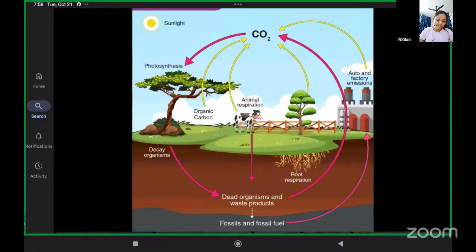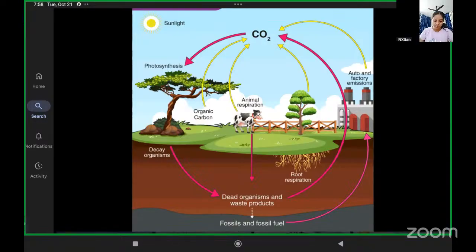Carbon dioxide is there, through which photosynthesis takes place. This is fossil fuel formation also. Root respiration and animal respiration produce CO2. Organic carbon also produces CO2. Plants take in CO2. Auto and factory emissions also produce carbon dioxide.